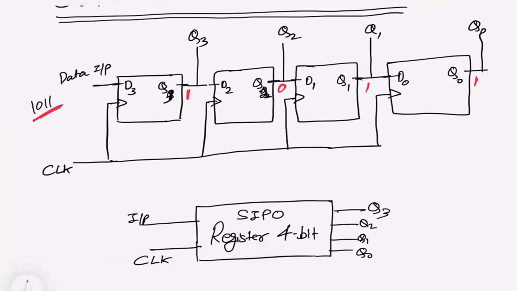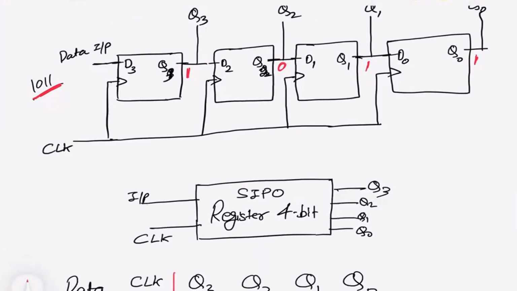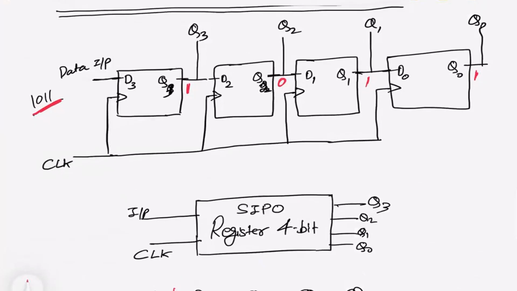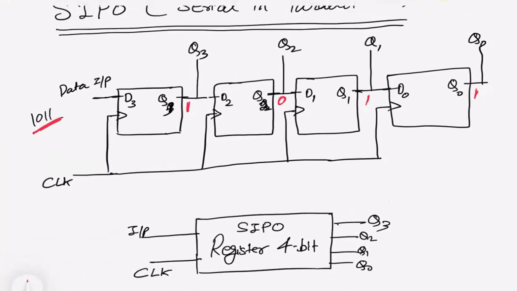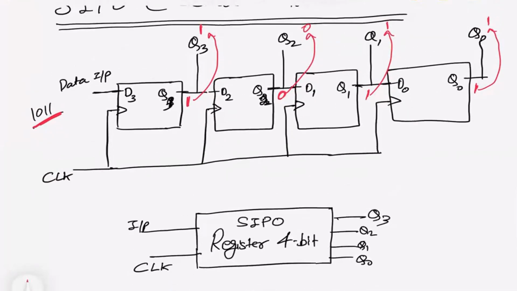Q1 is directly connected to the place where 1 is stored, and Q0 is directly connected to the last place. So without giving any clock pulse, we can receive this 1 directly at the output here, this 0 here, and this 1 here. So we don't need any clock pulse for retrieving data in a parallel output manner.